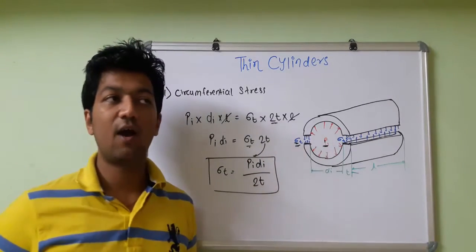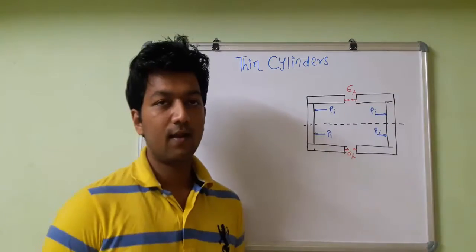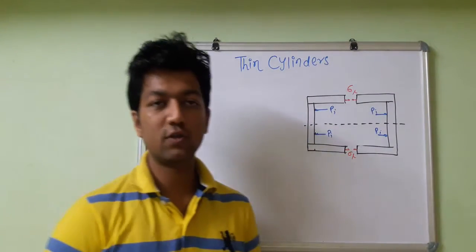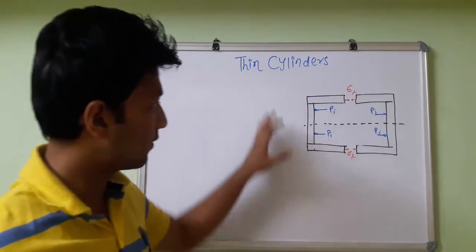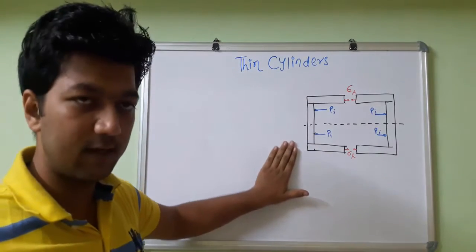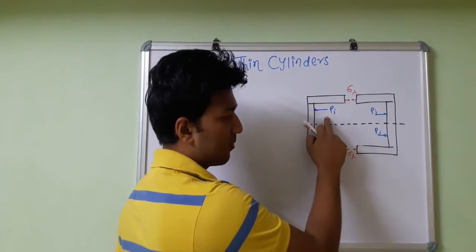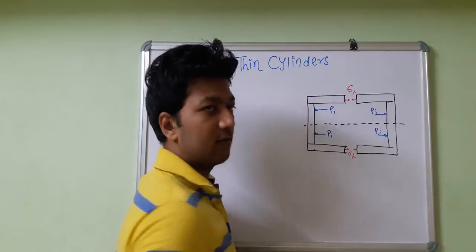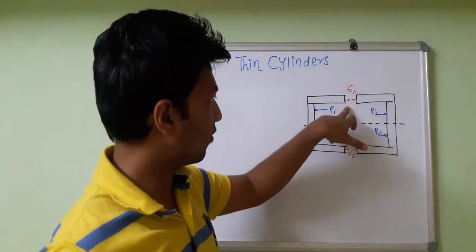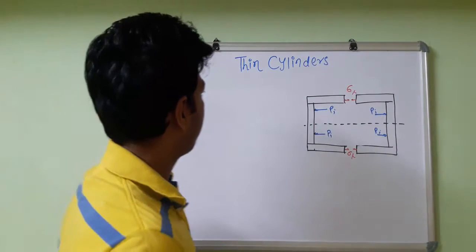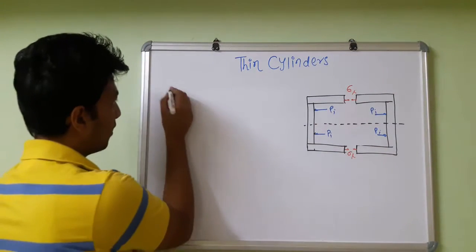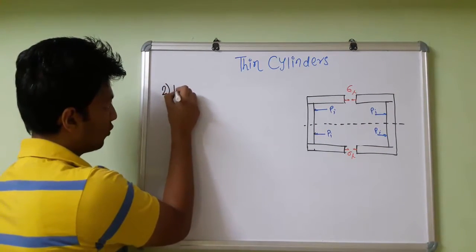Now we study how to find the longitudinal stress. For that we have this cylinder diagram. Here Pi is the internal pressure. Sigma L is the longitudinal stress, acting on this portion.